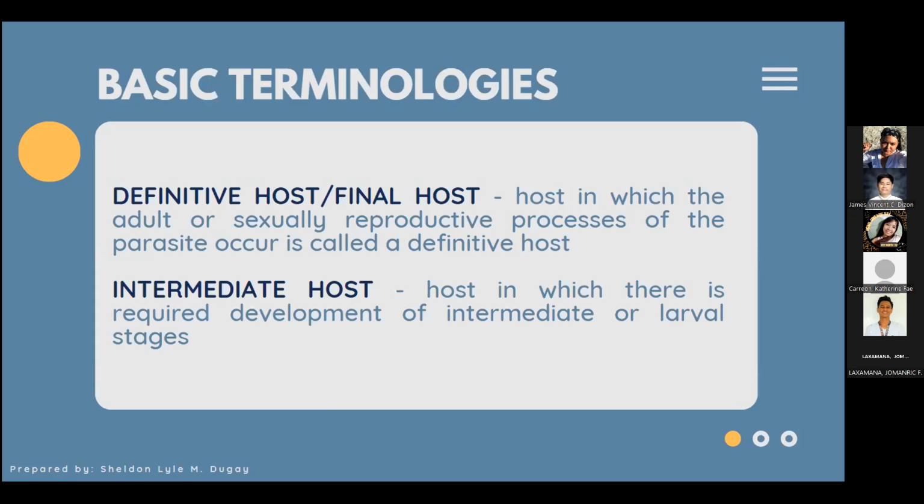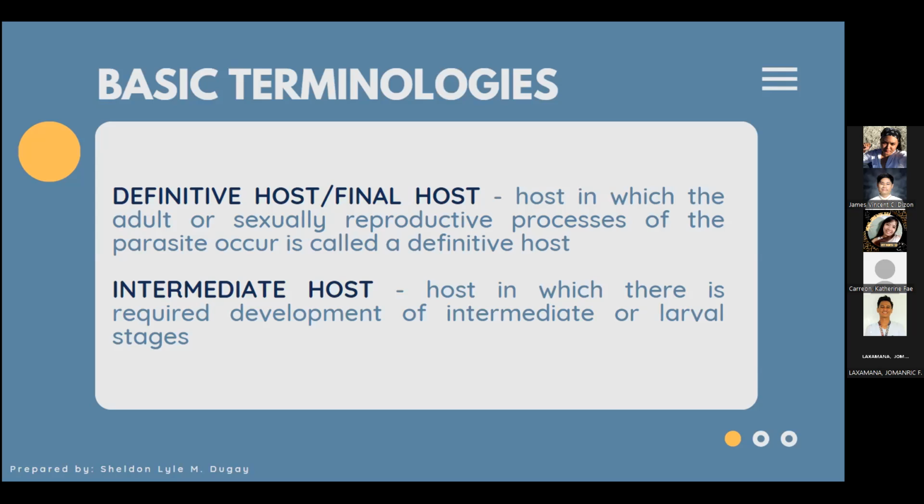Tapos sa intermediate host naman, these are hosts in which there is required development of intermediate or larval stages. Kung familiar kayo sa heartworm disease, which ma-discuss natin mamaya, natatransmit siya through mosquitoes.